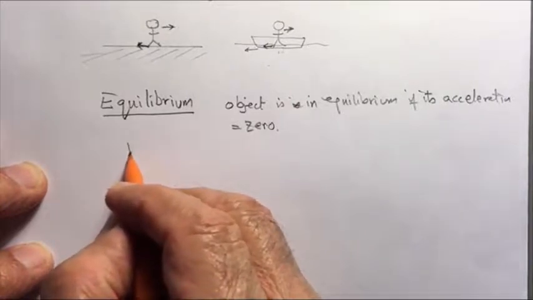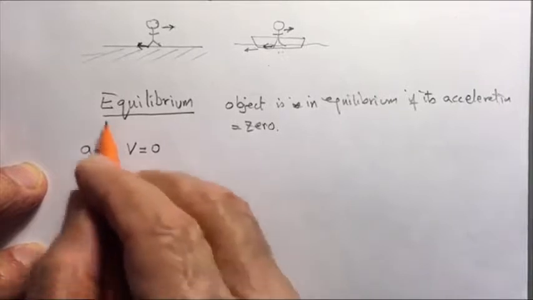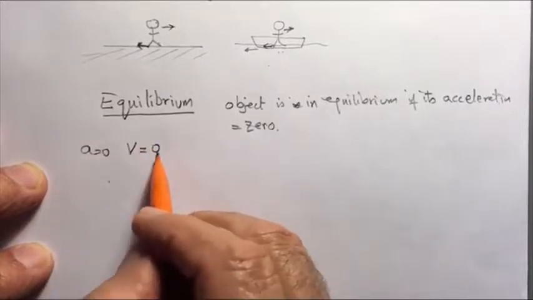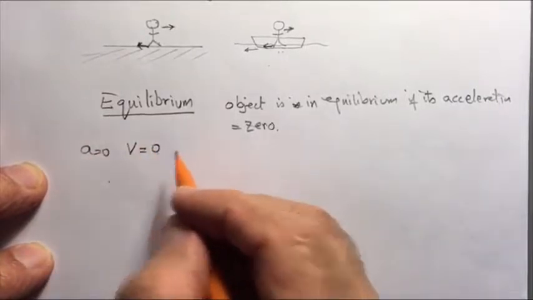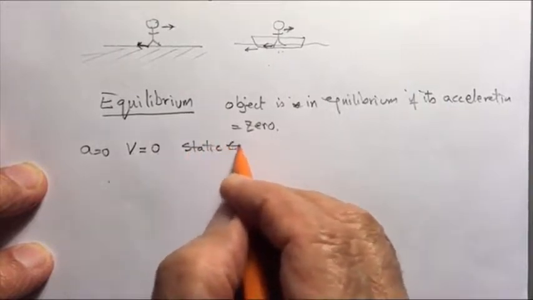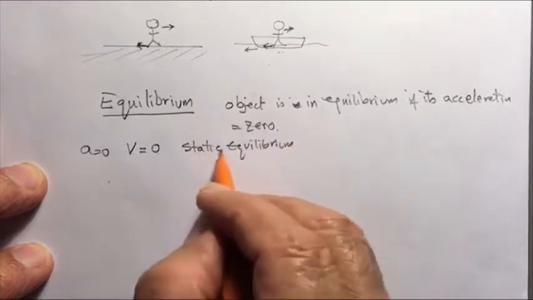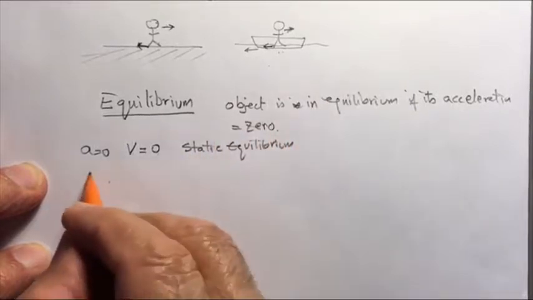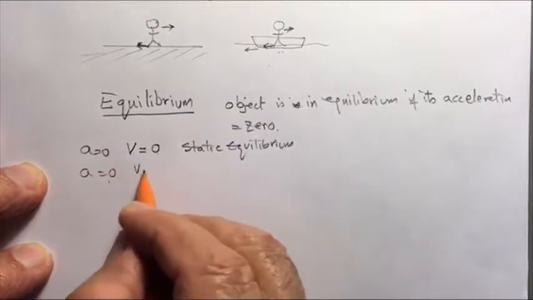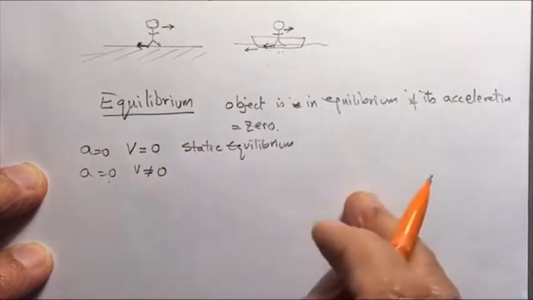Now we can have two kinds of equilibrium. If the velocity is also 0, a is 0, that it has to be. If the velocity is also 0, which means it's at rest, this is called static equilibrium. Static means not in motion. And if the velocity is not 0, that means it's moving at a constant velocity.